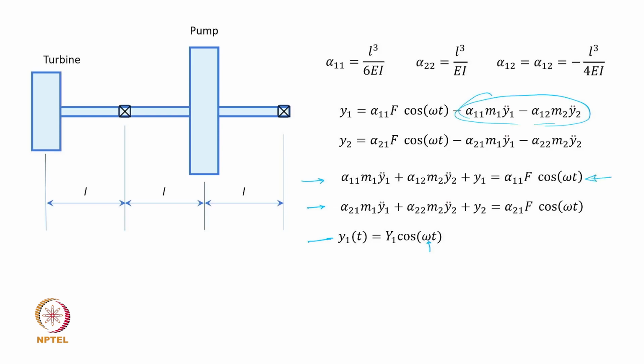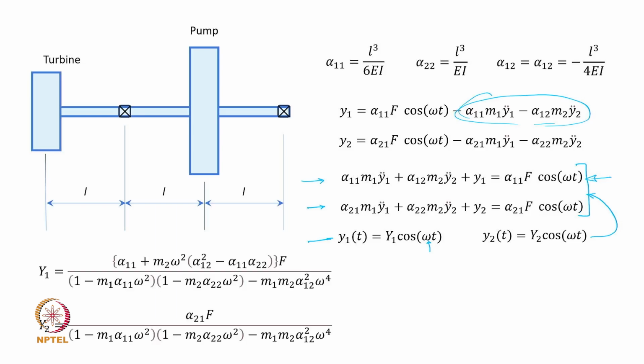The external forces which depend only on time go to the right hand side of both of these equations, and then of course you assume these two harmonic response solutions, and substitute the solution with their derivatives into this equation to get expressions in capital Y1 and capital Y2.